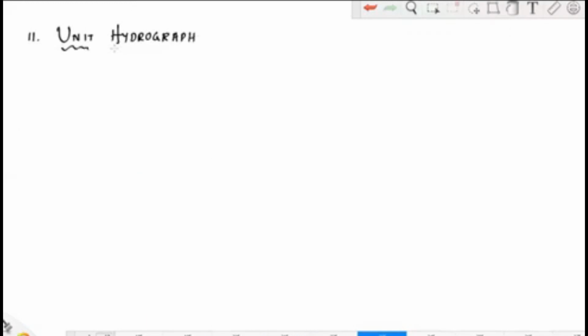Now in a unit hydrograph, you have to remember. So in short, we represent it as UH. For any unit hydrograph, runoff value will be equal to 1 centimeter.